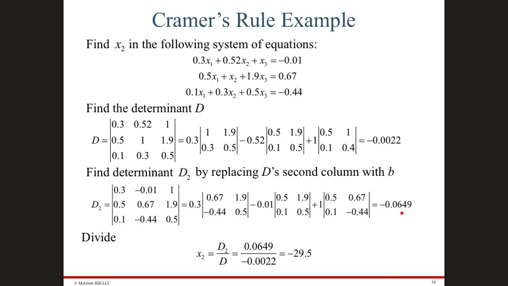Calculate the value of this determinant. If you divide the value of this determinant over the determinant D of the matrix A, the result is going to be immediately x2, right?